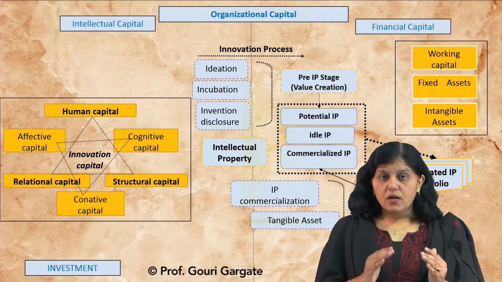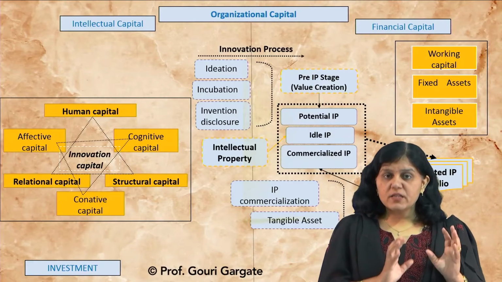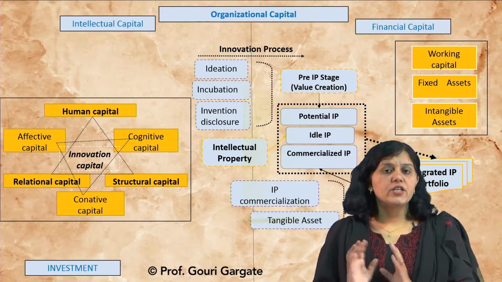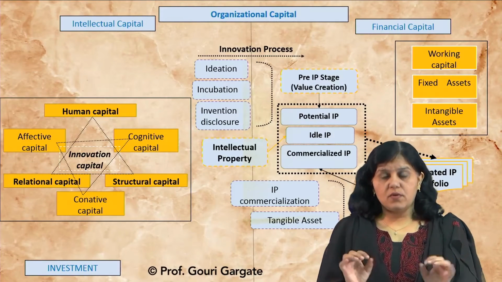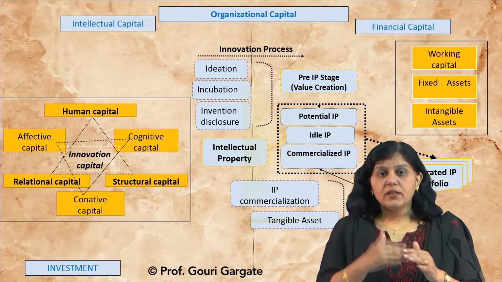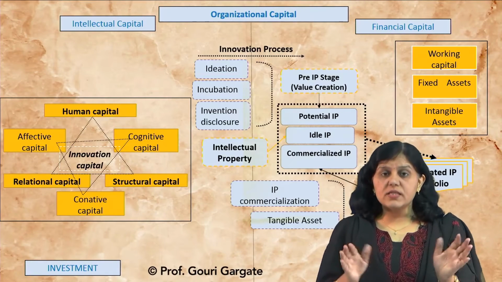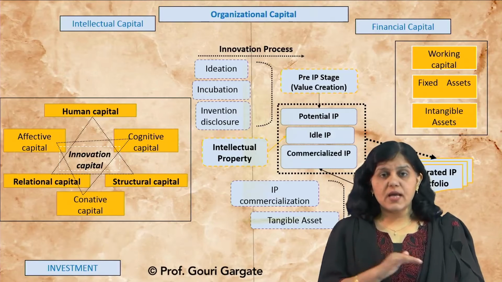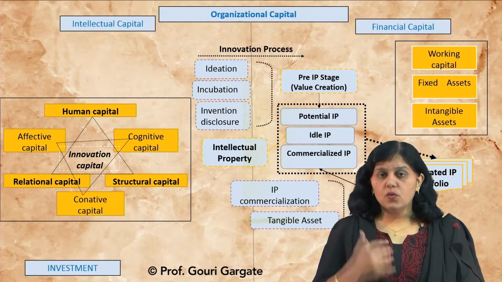You are organizing your R&D management, managing innovation, and then managing IP. Although we say these are 3 different processes, they are pretty well overlapping. Innovation process and IP management process both overlap.